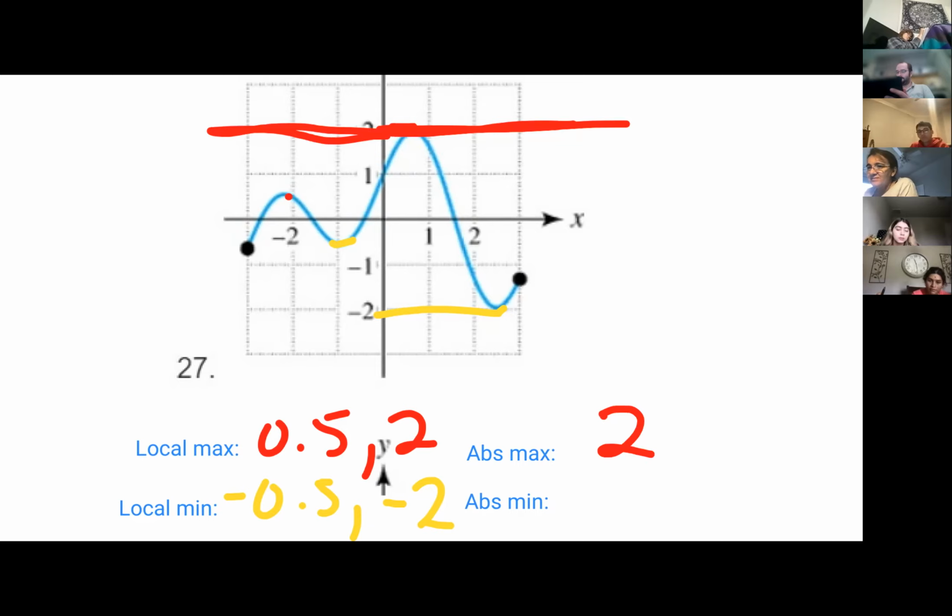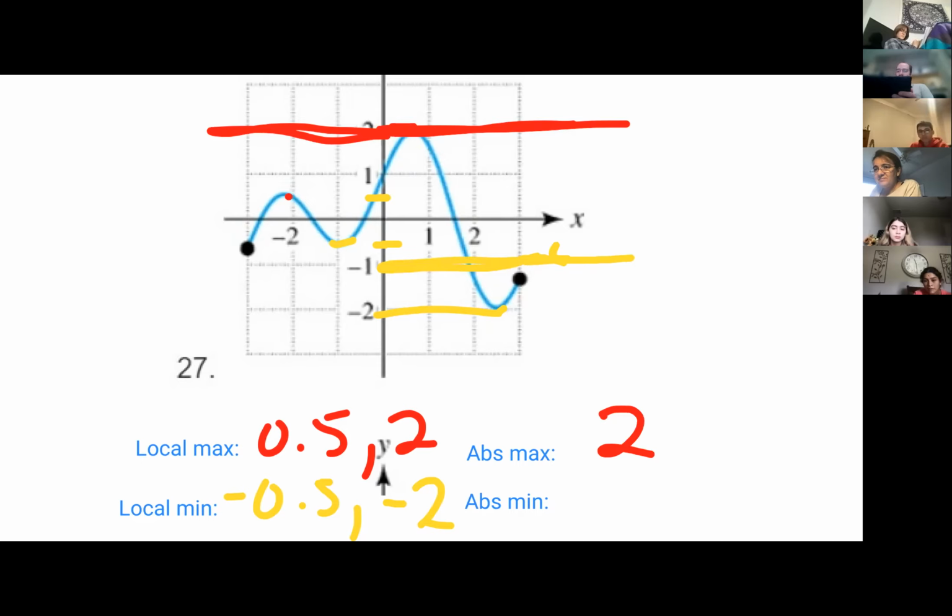Is it just 0.5? If I do 0.5, it's right in here. Sorry. So how far down can we go? If I go here, can I keep going? No. Does it go below that? Yeah.